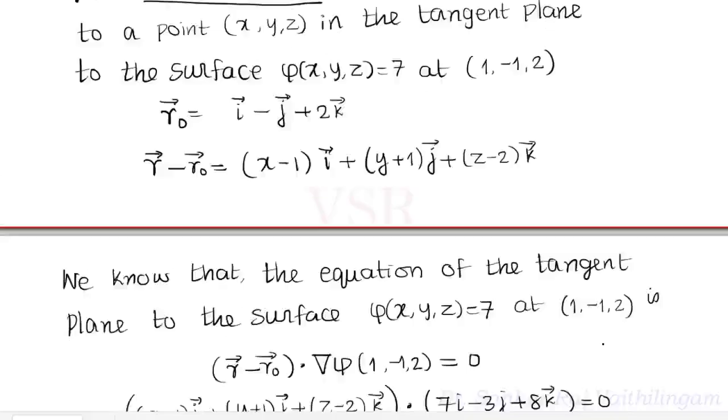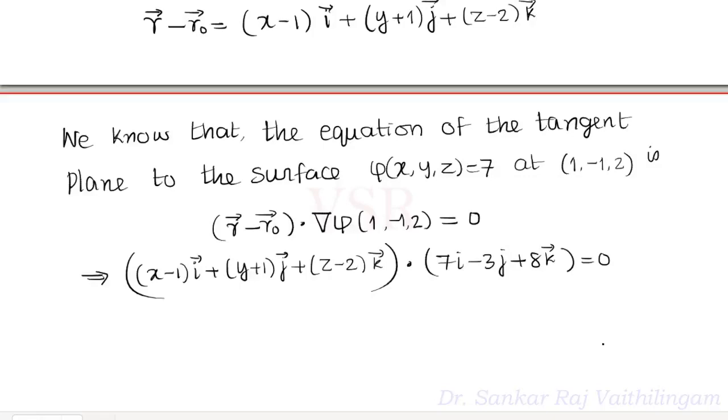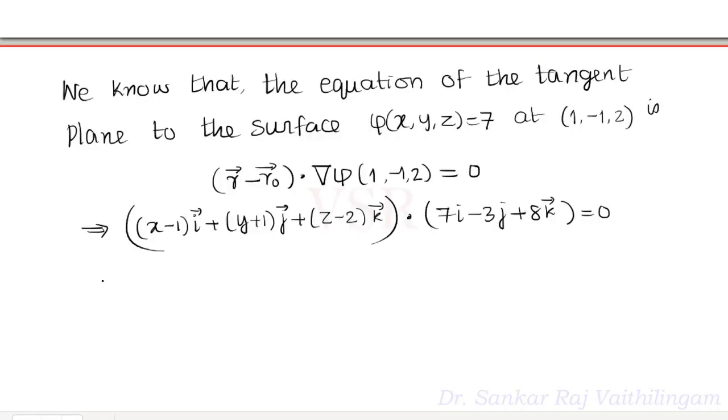Correct? 7 minus 3 plus 8. Okay, fine. So what is this? This implies that இதை multiply பண்ணலாமா? அப்போ 7 into x minus 1 minus 3 into y plus 1 plus 8 into z minus 2, which must be equal to 0.